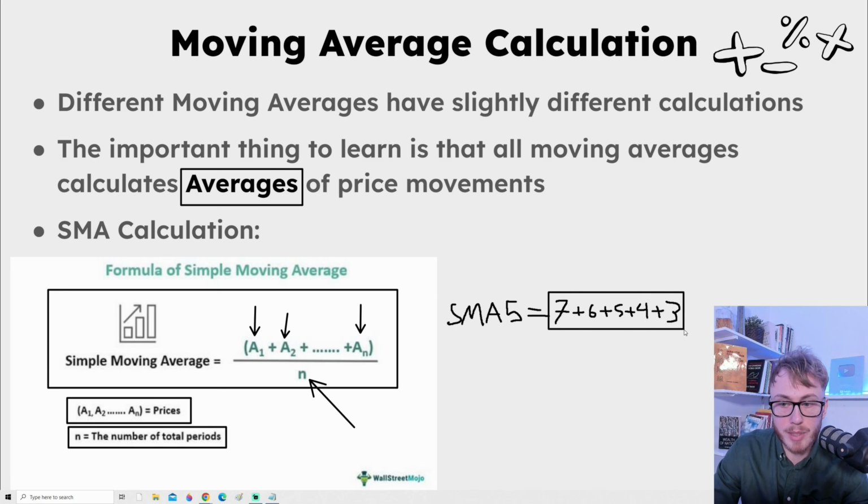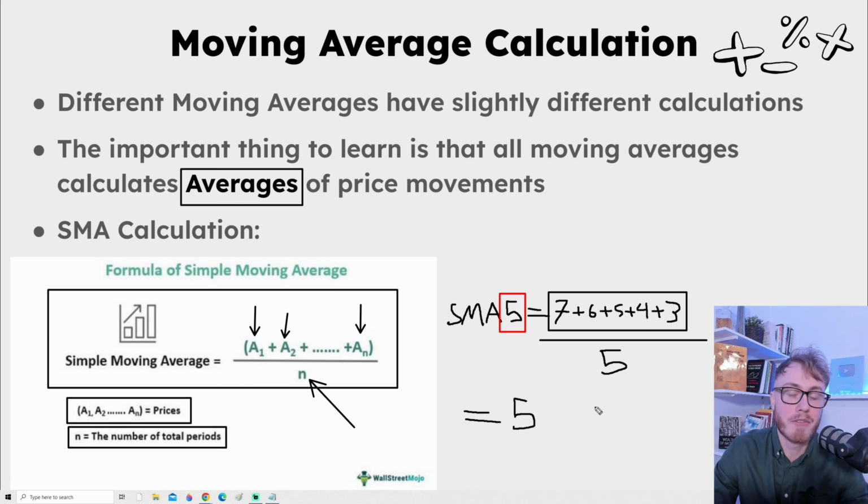So these are the closing prices of the last 5 days. To get the moving average, we simply divide by the length. And remember, the length here is 5. So we divide here by 5. And this will simply be equal to 5. So in this case, let's say that these lines here are the price. These 5 bars right here are the last 5 bars. In this case, the moving average would be somewhere right here, just in the middle between this point and this point.